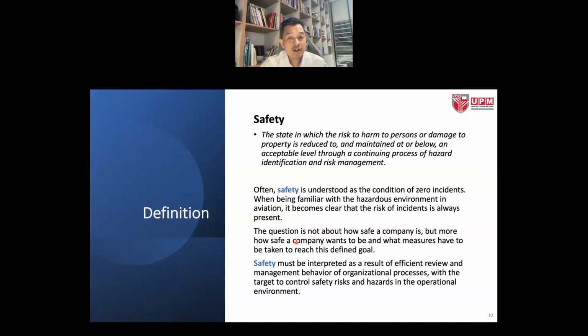So the question now is not about how safe a company is, but more on how safe a company wants to be and what measures have to be taken to reach this defined goal. Safety also must be interpreted as a result of efficient review and management of organizational processes with the target to control safety risks and hazards in the operational environment.